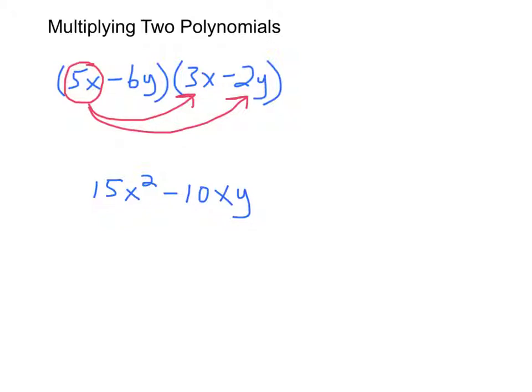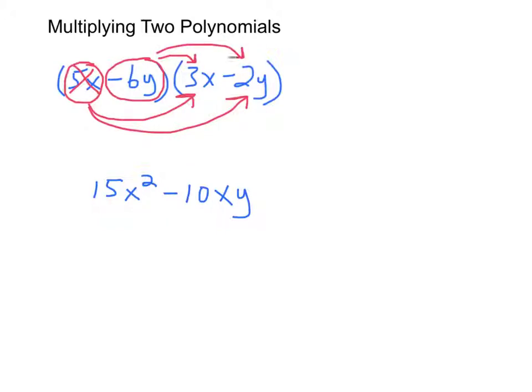Alright, now once we've done that, we're really through with 5x. You can kind of think of crossing that off there. We're all done with the 5x. And so we move on to the next term, which is a negative 6y. Make sure to include a negative sign with it. And we're going to do the same thing there. We're going to distribute that onto each term inside that second set of parentheses.